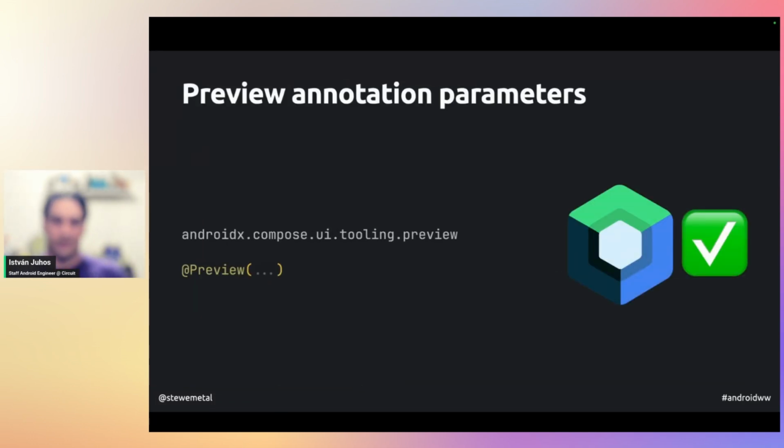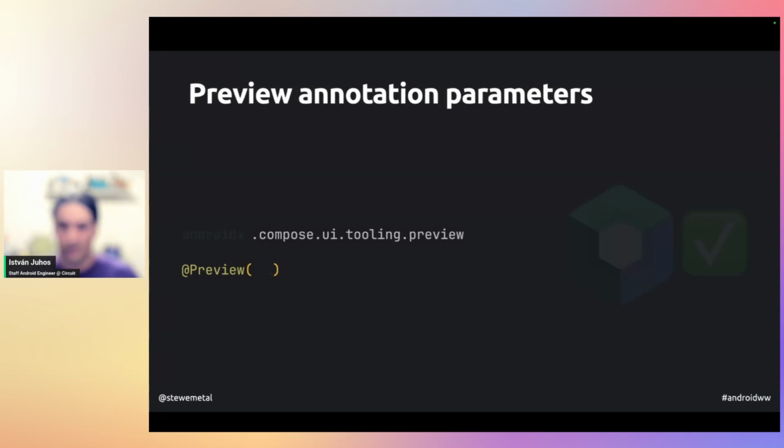Okay, let's do a summary on preview annotation parameters. The preview annotation coming from the androidx.compose.ui.tooling.preview package is what we've seen so far. It has much more parameters that we don't really have time to touch now. But of course, this annotation is understood and rendered and properly handled by Android Studio and Jetpack Compose preview tooling.